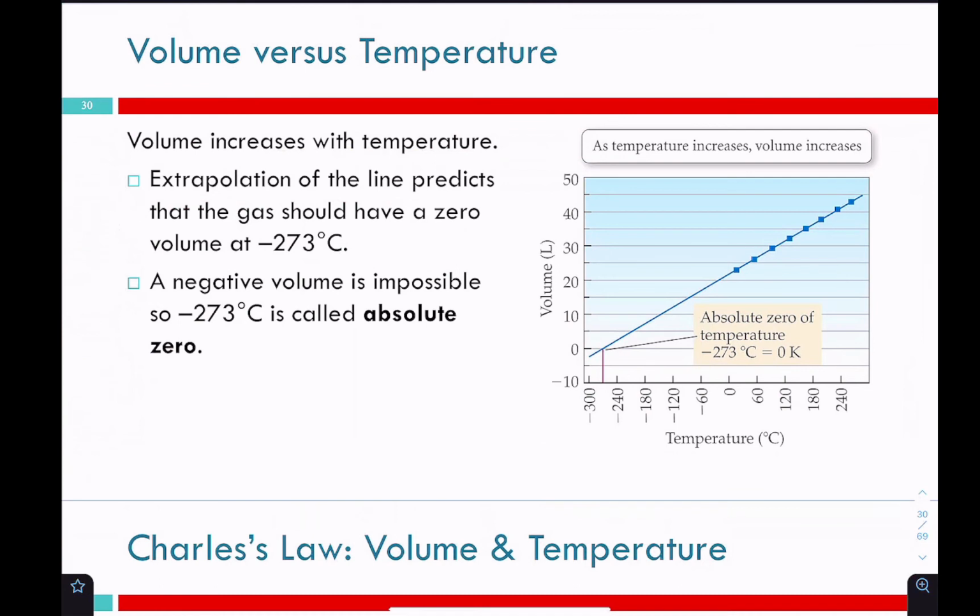And so since we can't get negative volume, negative 273 degrees C is absolute 0. So you can't get any colder than that. Even space actually isn't that cold. It's very close. It's about 2 degrees above absolute 0.